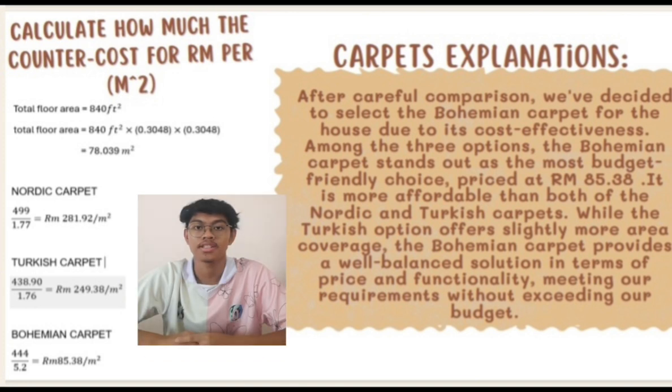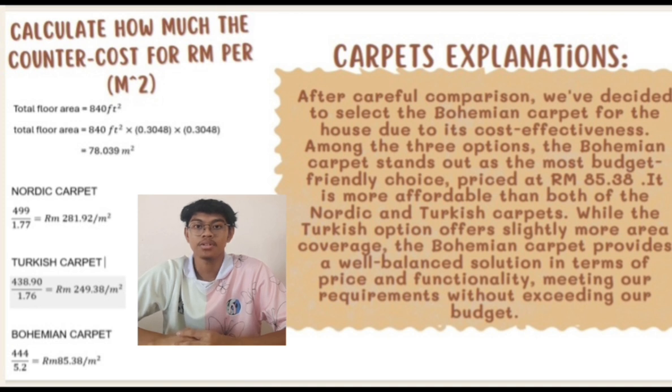And for the explanation, after careful comparison, we decided to select the Bohemian carpet for the house due to its cost effectiveness. Among the three options, the Bohemian carpet stands out as the most budget-friendly choice, priced at 85 ringgit 38 cents.